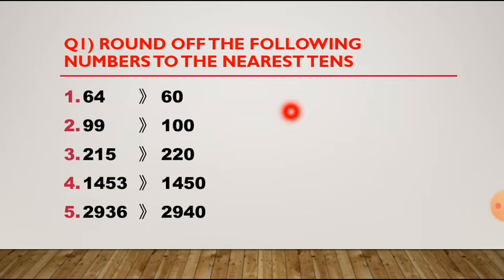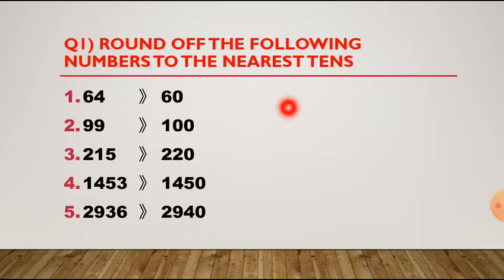If the digit at the ones place is less than 5, then you replace the ones digit by 0. If the digit at the ones place is greater than or equal to 5, then you replace the ones digit by 0 and increase the tens place by 1. This is the rule. You have to learn it by heart like this.